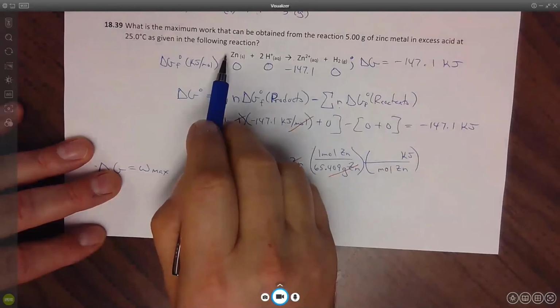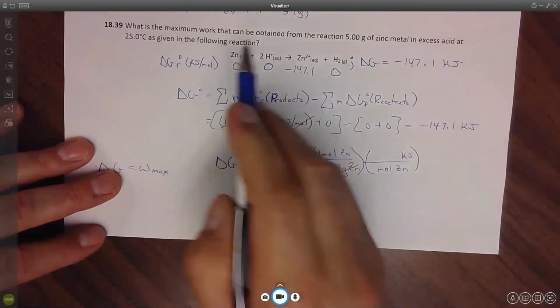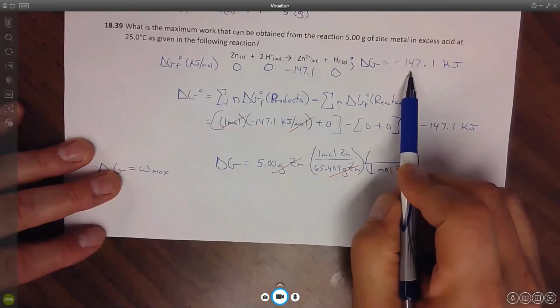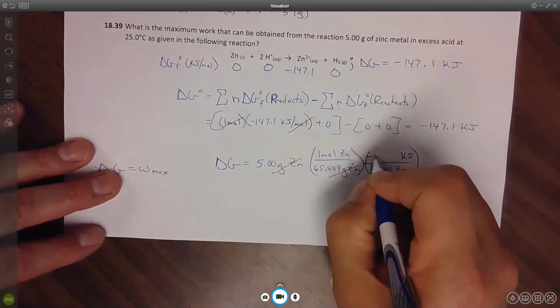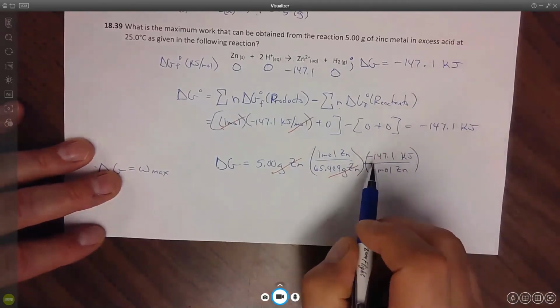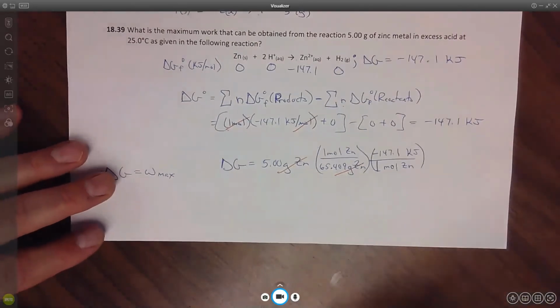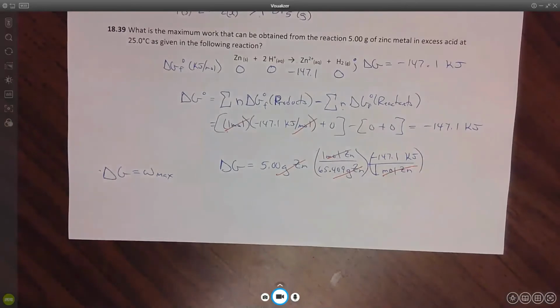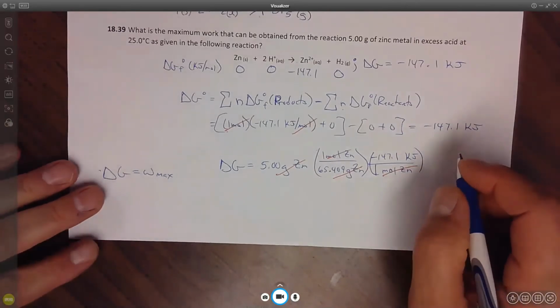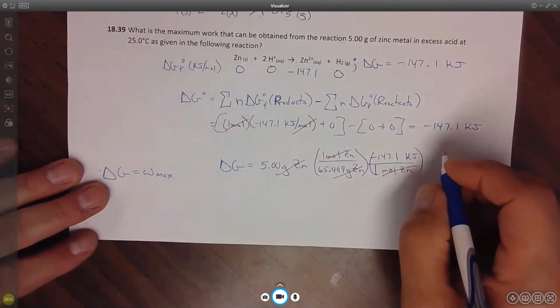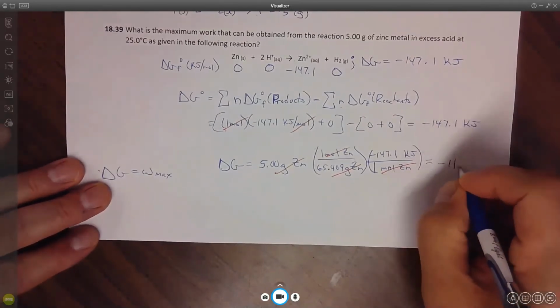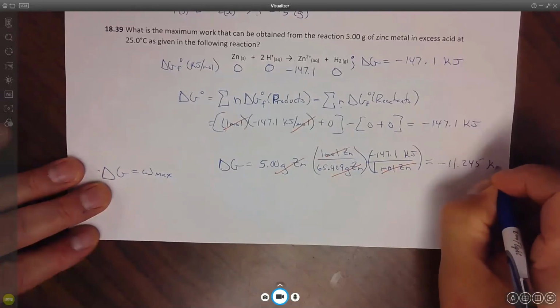So I can see for every 1 mole of zinc, 147.1 kilojoules of energy is released, or in other words, negative 147.1. The moles of zinc cancel, and I plug that into my calculator, and that gives me negative 11.245 kilojoules.